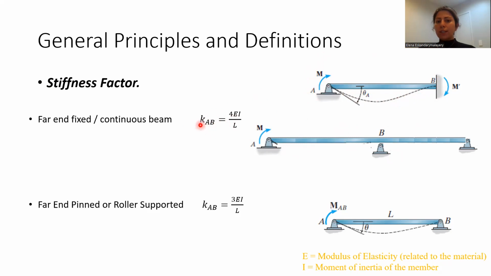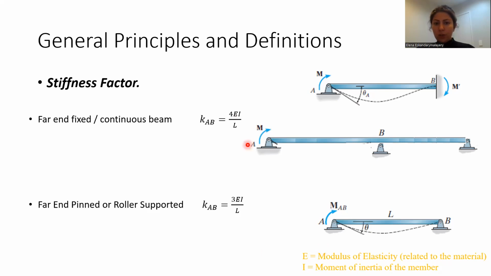So when you're writing KAB, it means you're standing at A, so you write A. You're standing at A and look at B. So here, as you can see, when you write the letter B as the second letter, it means it is your far end. So look at joint B. Is it a fixed end or is it a continuous beam at B? Then KAB will be 4EI over L.